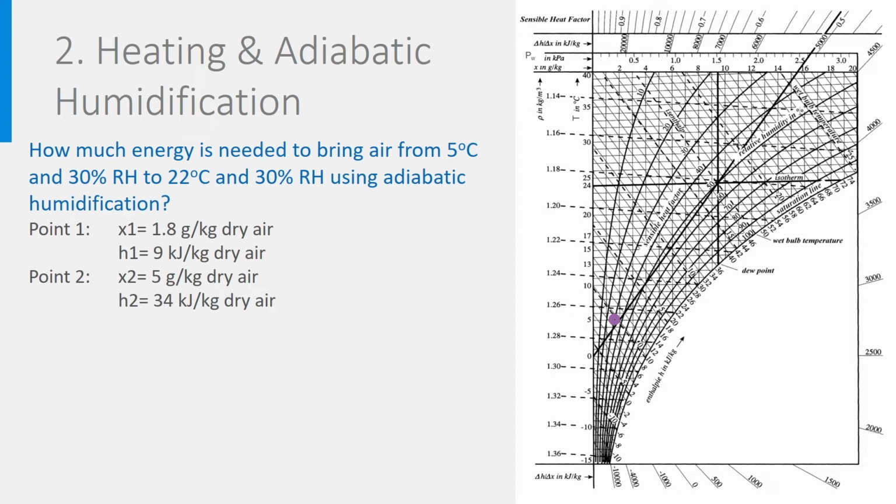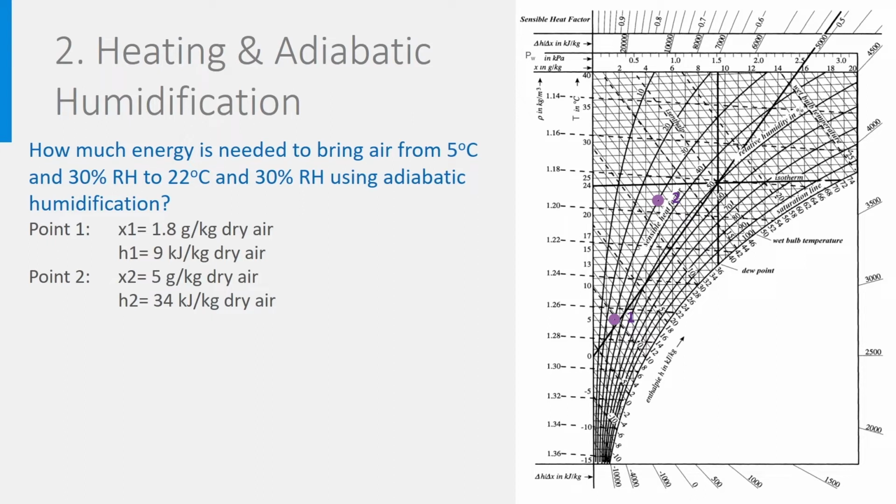What if we now also want to control the humidity and make sure the relative humidity is 30% after heating? We start again from point 1 at 5 degrees, 30% relative humidity and absolute humidity 1.8 gram per kilogram dry air. Point 2, 22 degrees and 30% humidity is here, with absolute humidity 5 gram per kilogram.